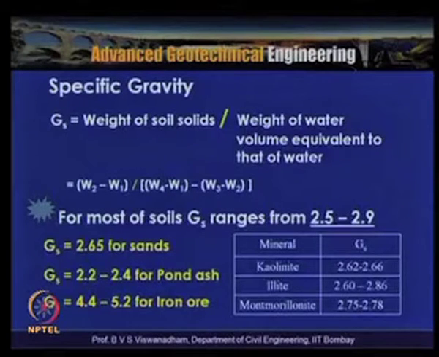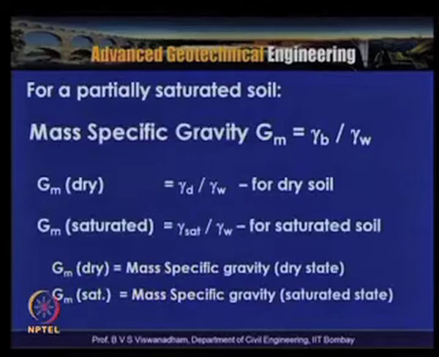And for an iron ore which is based on hematite type mineral, it can have a very high specific gravity, 4.4 to 5.2. So, for a partially saturated soil, we have discussed gamma bulk, which is nothing but the bulk unit weight or moist unit weight of the soil. For a partially saturated soil, mass specific gravity is defined as G suffix m equal to gamma b by gamma w.